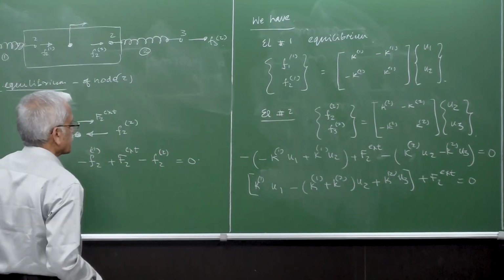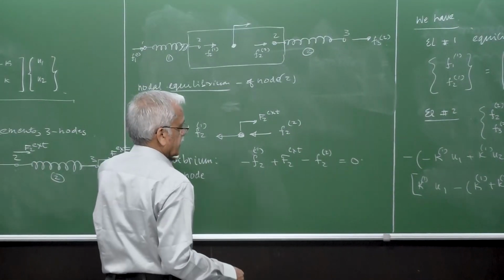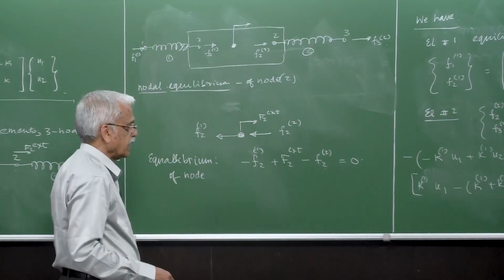Like this, we can write down the equilibrium of node 1, equilibrium of node 2, and so on.